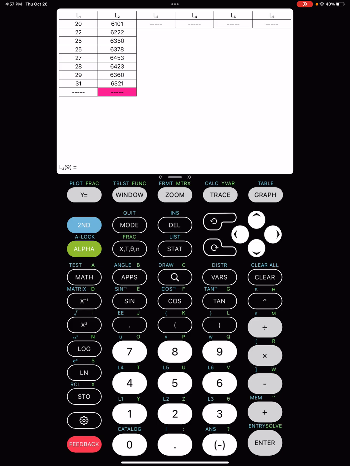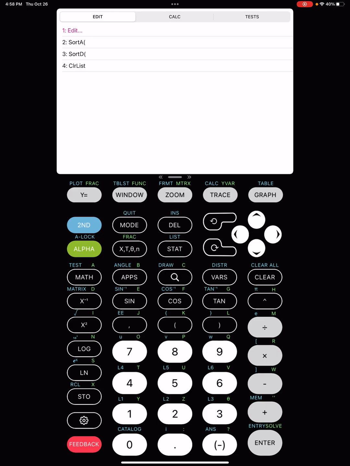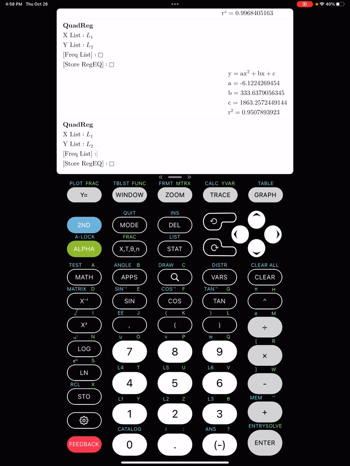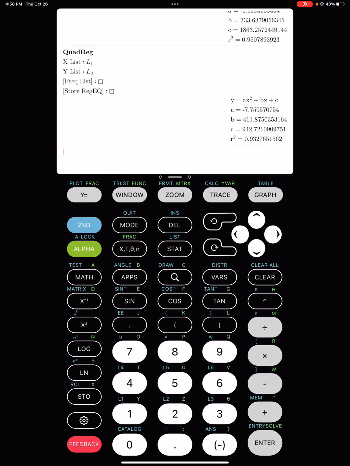There we go. Because this will mess everything up. So 6231, enter. Just make sure that when you are doing all of this, your data is okay. There we go.